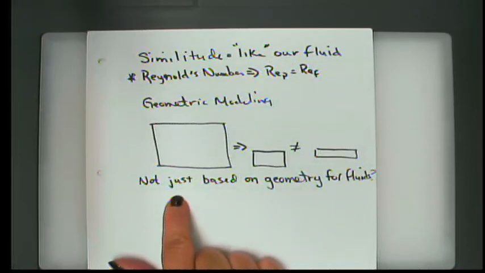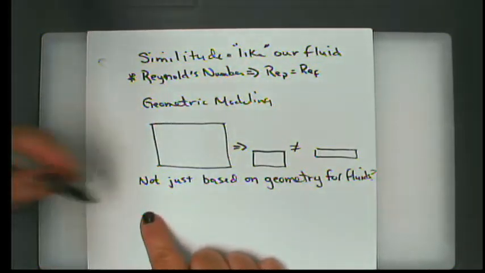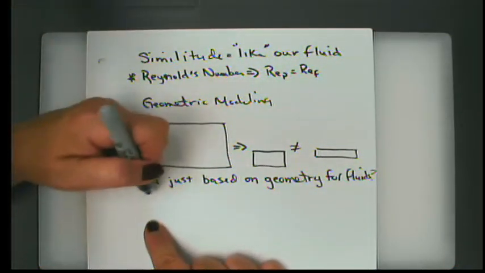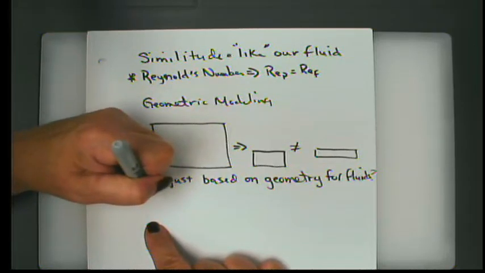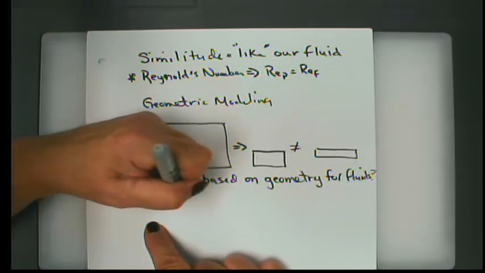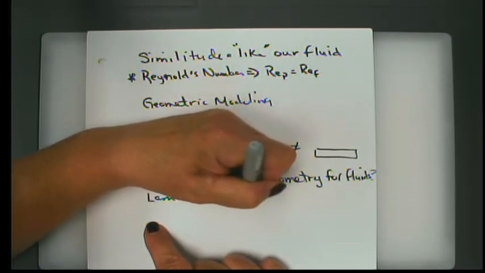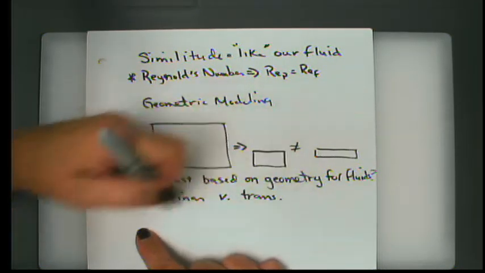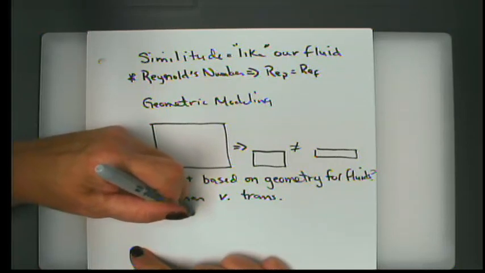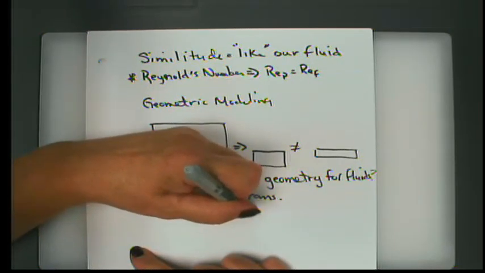And one of the things that turns out is that they have to have Reynolds number similarity, or they have to be similar in terms of laminar versus transitional, or laminar versus turbulent flow.